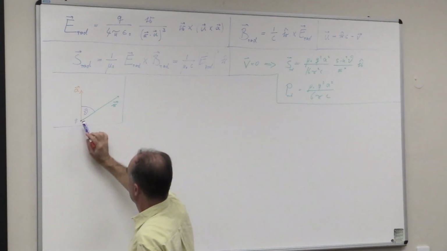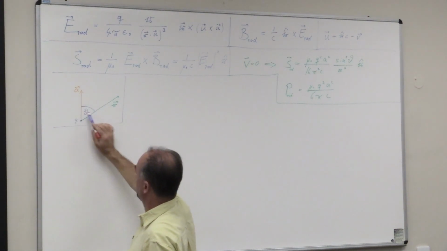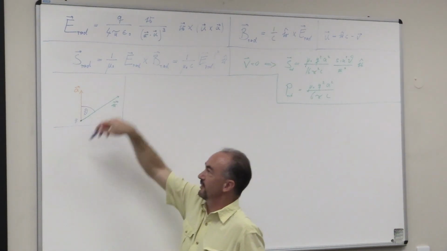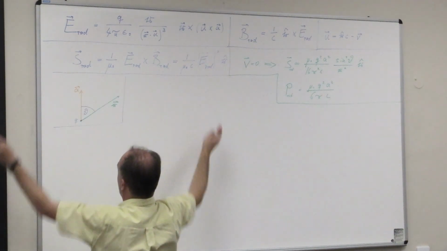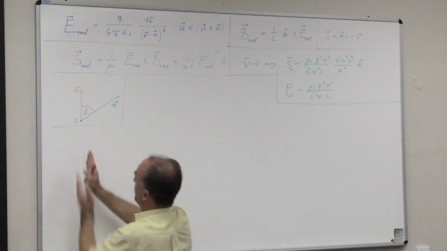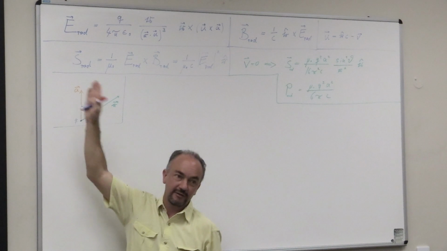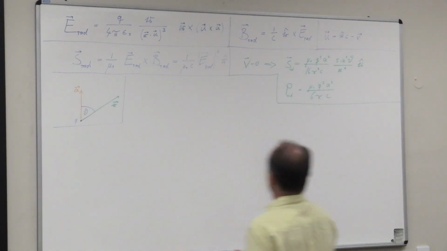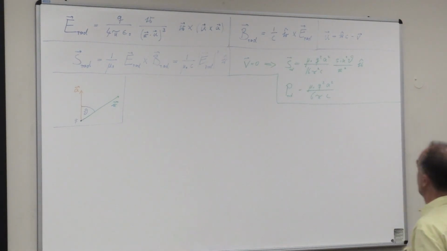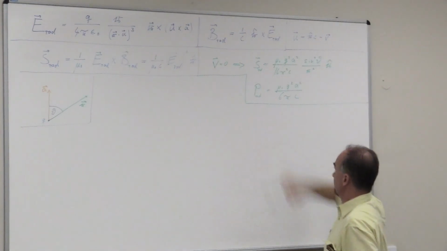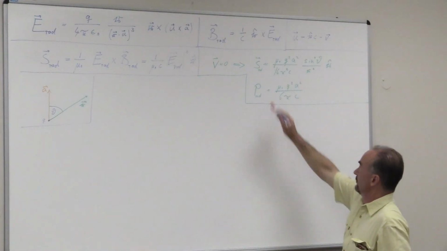If the acceleration goes in the z direction, and theta is the angle with respect to the acceleration, then most of the radiation comes out at 90 degrees. Nothing comes out in the direction of the acceleration. And we had calculated the total loss through radiation.